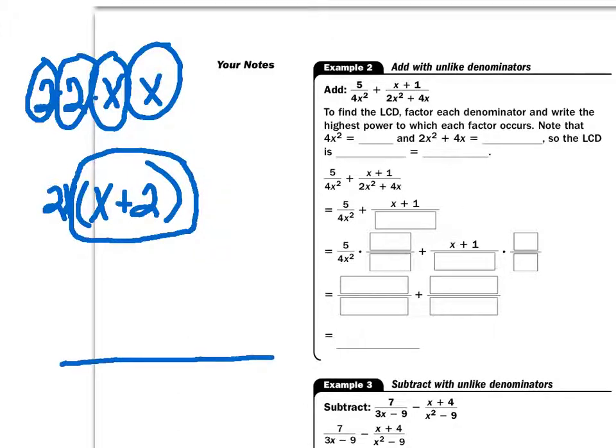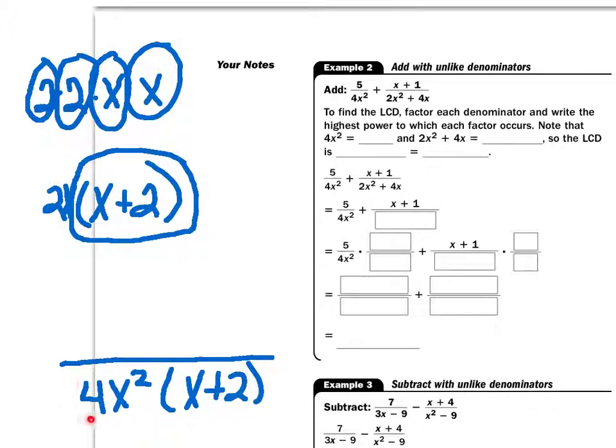So here I'm going to change them into 2 times 2 is 4, so 4x squared, and then x plus 2. Now I know I could multiply that out more, but I'm going to leave it the way it is for right now. Okay, now we're going to work on the tops here. So I need to decide, what does 4x squared need to get to this denominator down here?